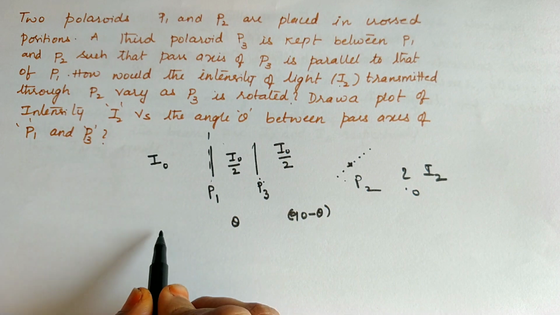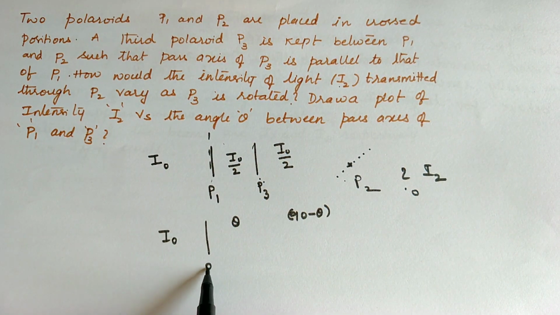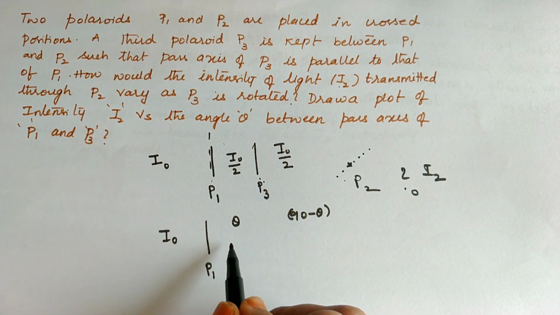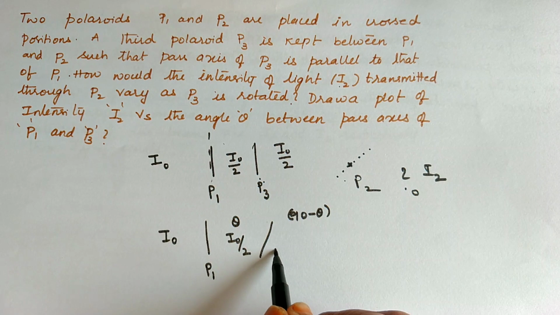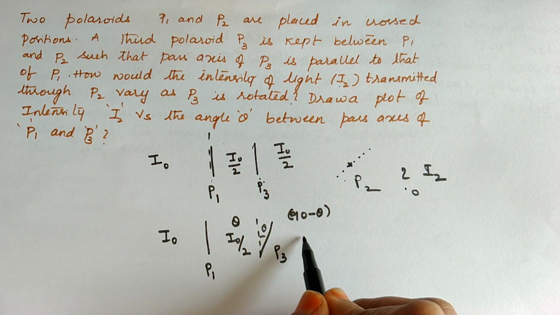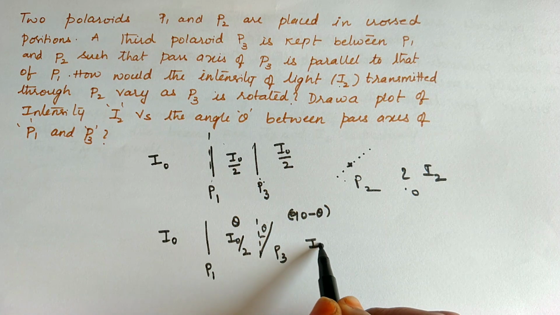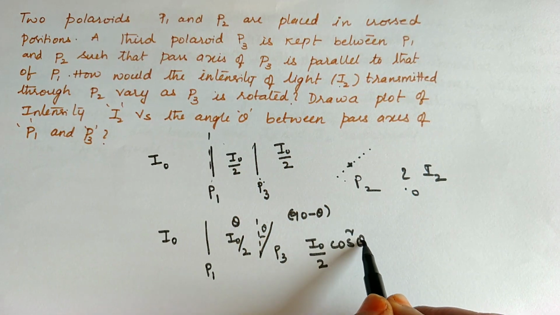Now I will write the equation. Unpolarized light's intensity is I naught. After passing through P1, it becomes I naught by 2. After passing through P3, which is making an angle theta with it, you will get the intensity as I naught by 2 cos square theta.